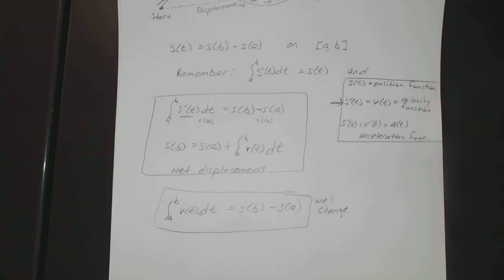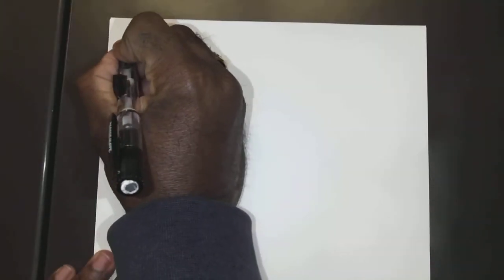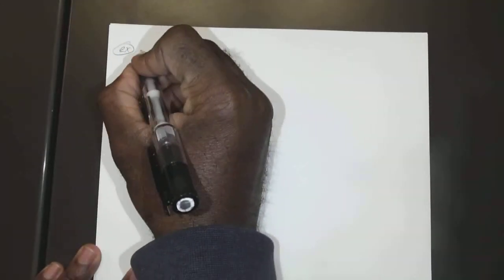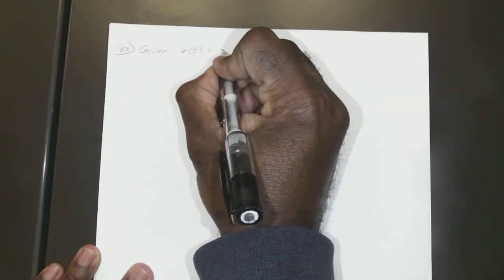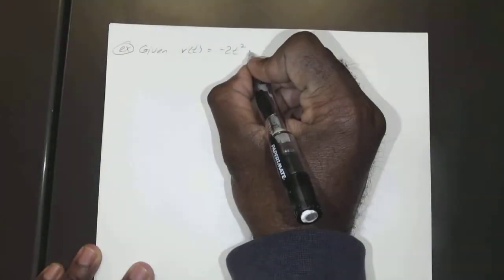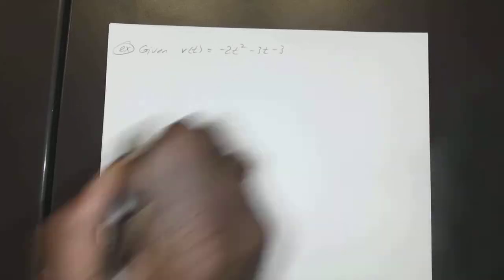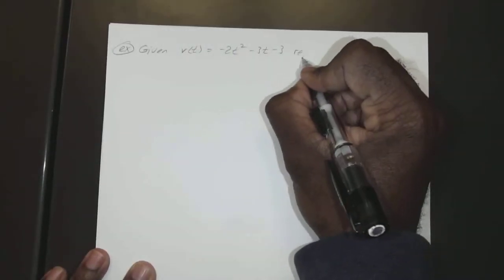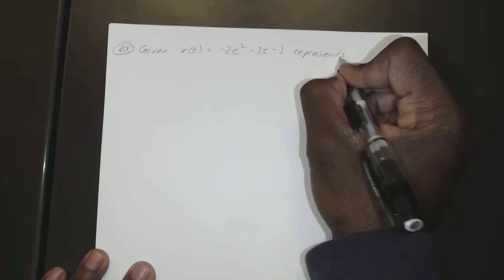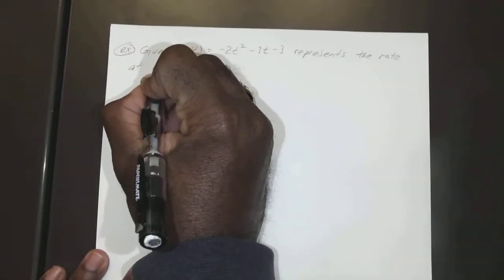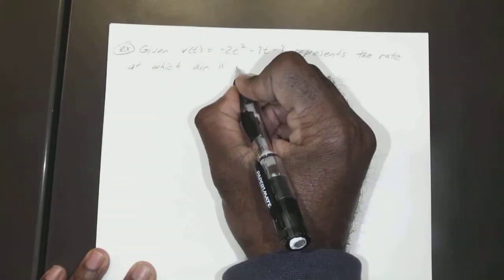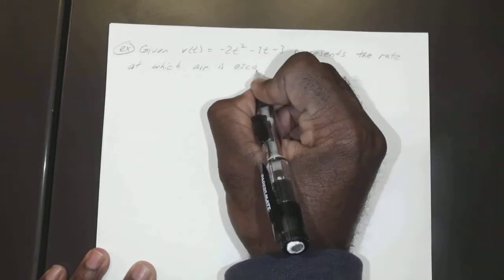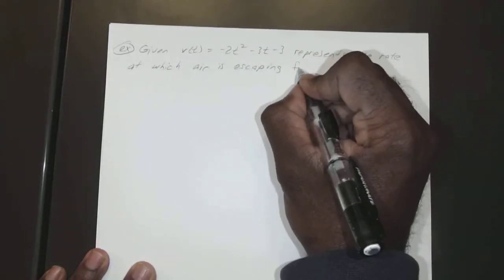All right, so let's say for our first example, we're given that our velocity is equal to negative 2t squared minus 3t minus 3, which represents the rate at which air is escaping from a balloon.